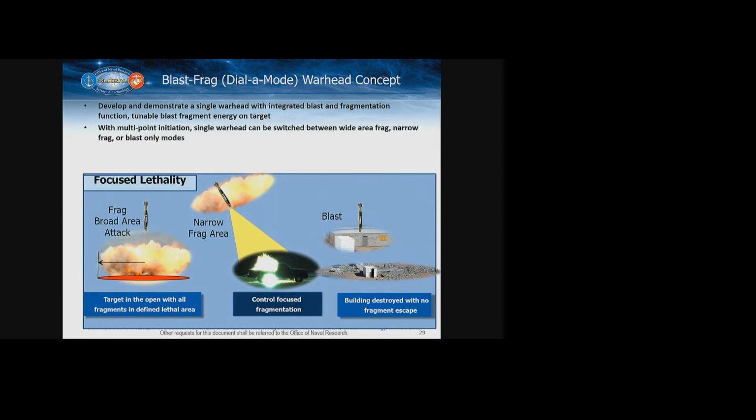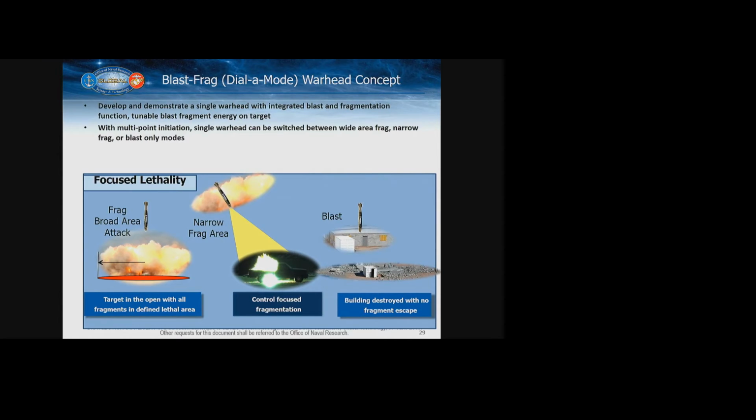The concept here is to be able to dial a mode depending on the type of target. If you're looking for a broad area attack, then essentially you would like a large array of smaller fragments, and for a narrower target area, you would be able to control that basically by the types of fragments and the shape of the warhead itself and the initiation scheme, and basically the height of burst.